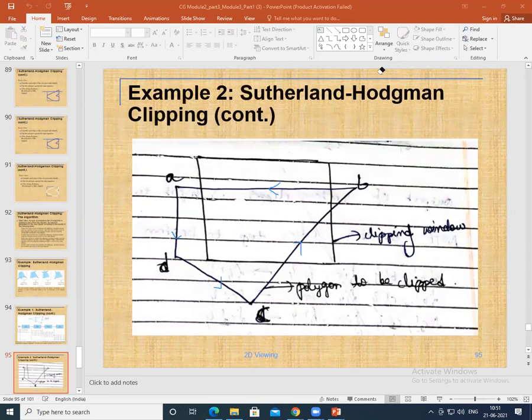So you have to take into consideration the anti-clockwise direction. For example, I'll read this as BA, AD, DC and CB. Clear? So in this direction, I'm going to read it.